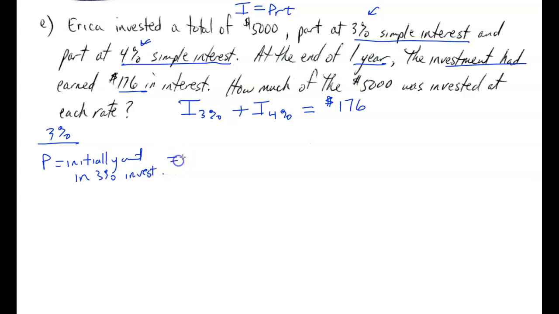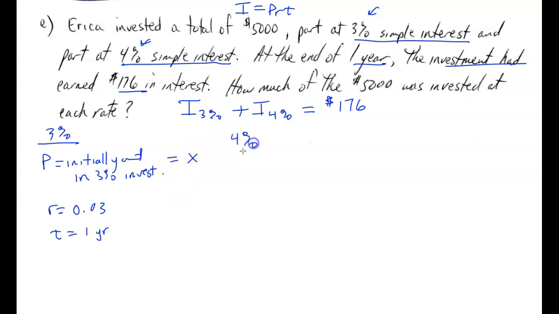And that we don't know, so we'll just call that X. We could leave it as P if we want, but I'm just going to call it X this time. The interest rate is 3%, and that is going to be 0.03. The time is going to be 1 year.